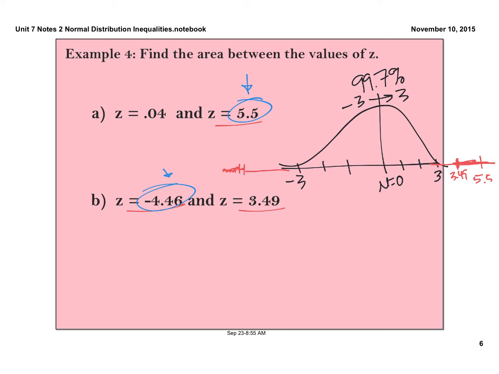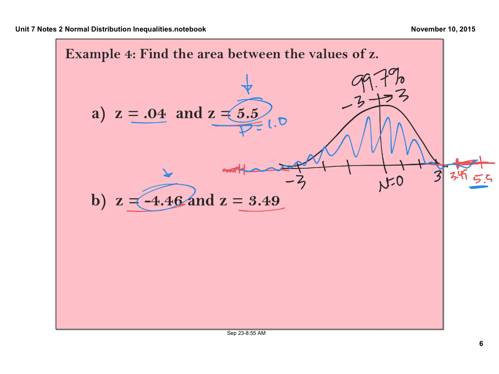So if you're looking between z equaling 0.04 and z equaling 5.5, well, guess what? Positive 5.5 way up here includes everything below. So my probability for positive 5.5 is 1.0, essentially. It's not exact, but that's what we round it to because the probability that's above it is so small that it doesn't do anything for us.